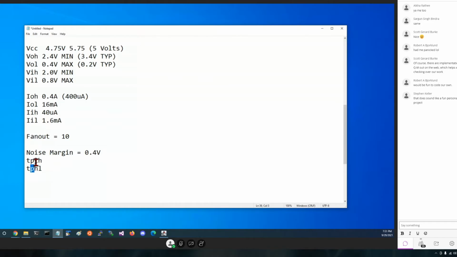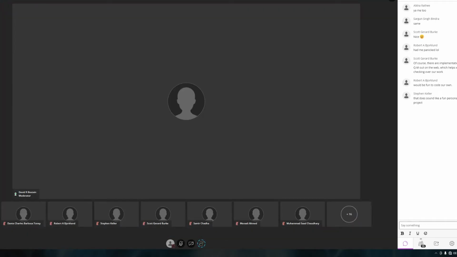And this is going to be the delay that the signal needs to have to go from low to high or from high to low from the moment the inputs change. So the output will be ready based on some time. The maximum time for low to high is 22 nanoseconds.